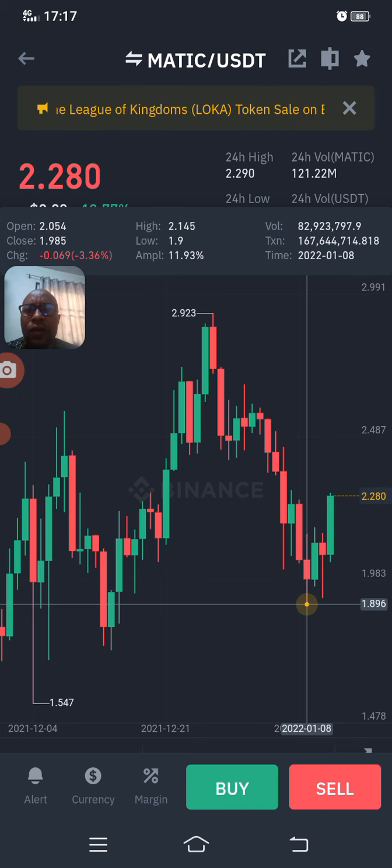So what I mean by void is this: that price will come back and cover the space that it created. Yes, it almost covered the same area that it started from. And that is exactly what we see here.